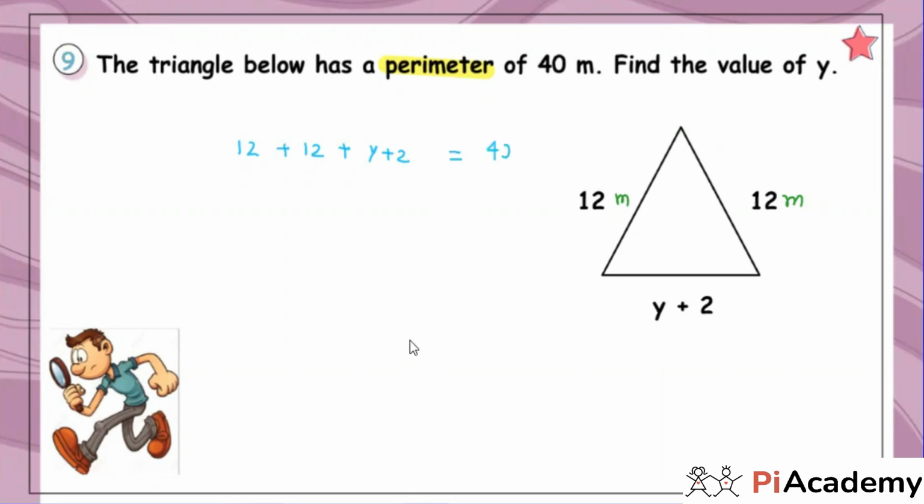Then 12 plus 12 and 2 gives you 26. To find the value of y, you would do 40 minus 26. Yes, very good. So what are we going to get?